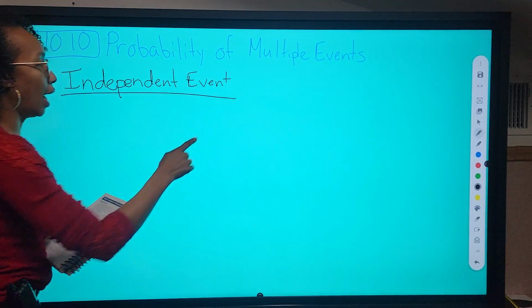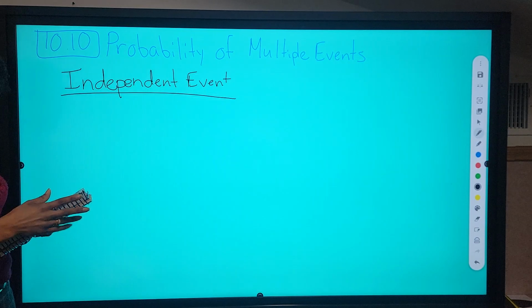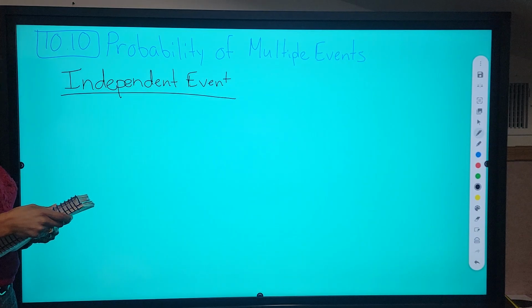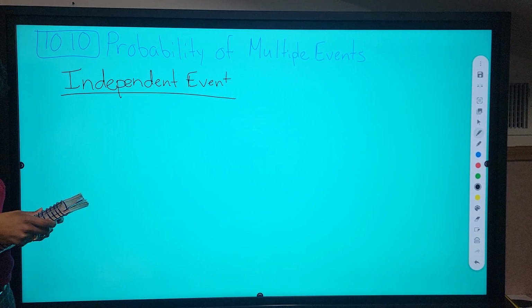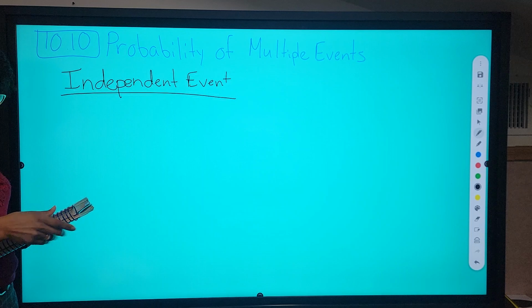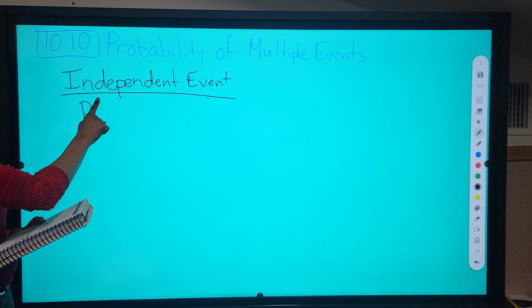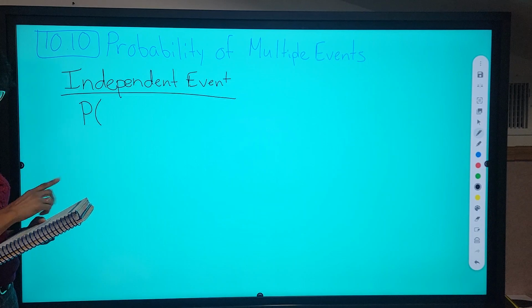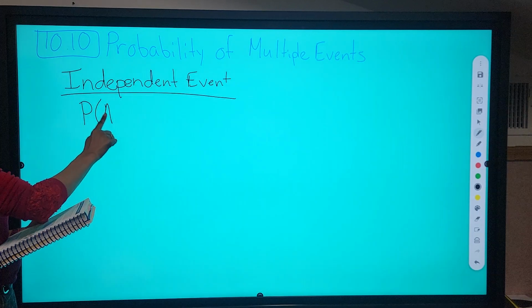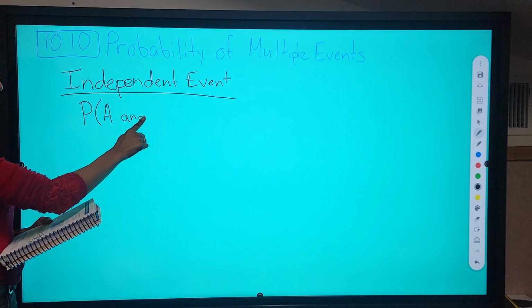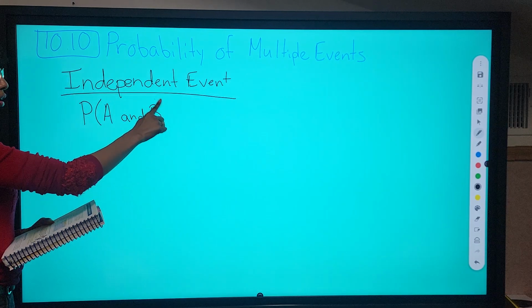Okay, now I'm going to give you the Algebra Ease version that's in your book, okay? Probability of two independent events. They've got P for probability, and let's say the events are A and B. The probability of A and B would be written this way.